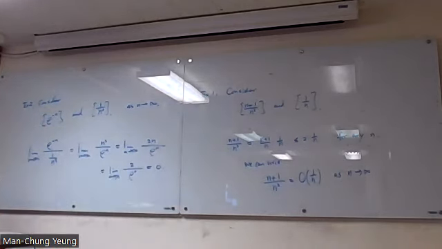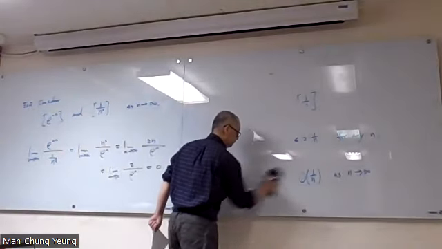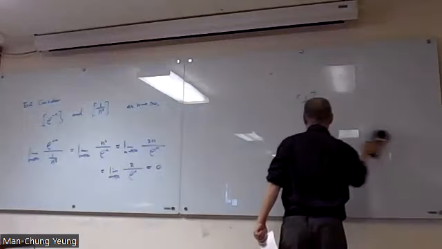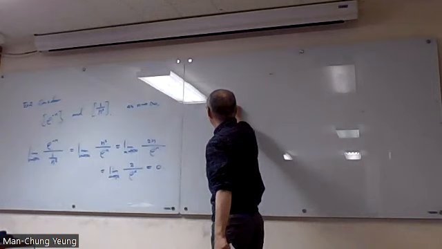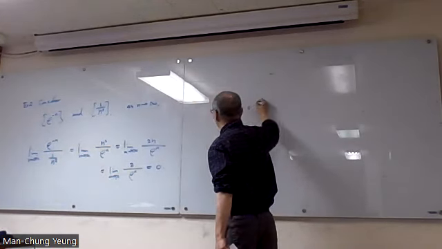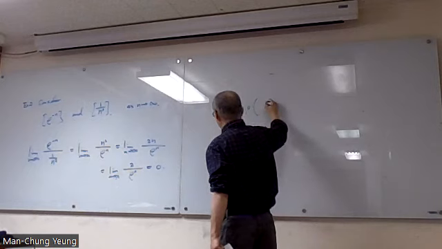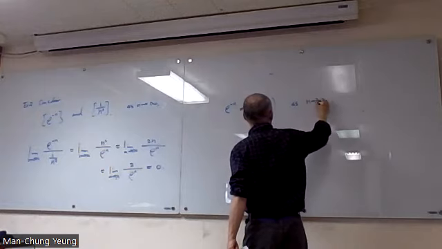Now I can claim that e to the negative n is little o of 1 over n squared, of course as n goes to infinity.